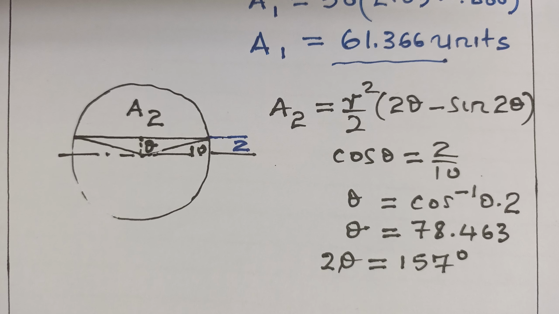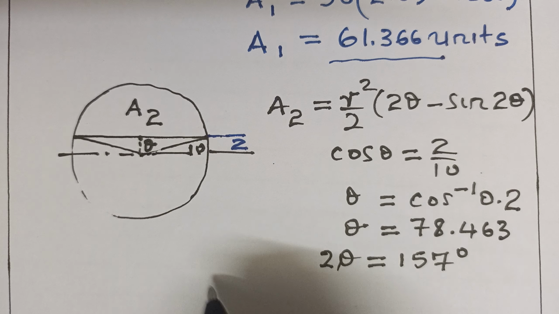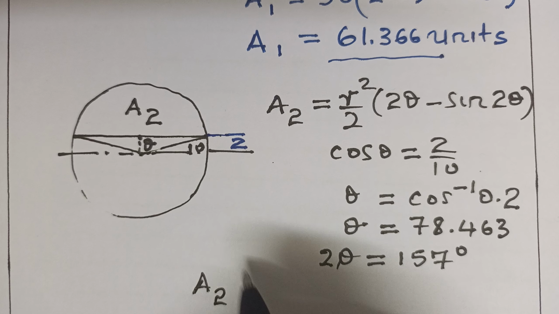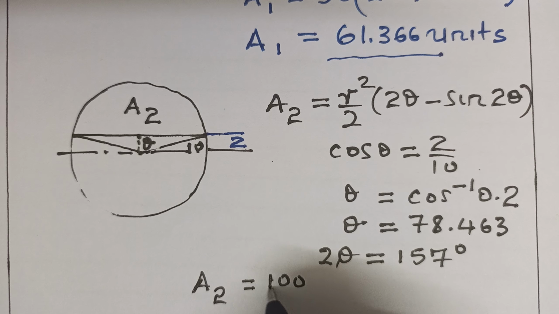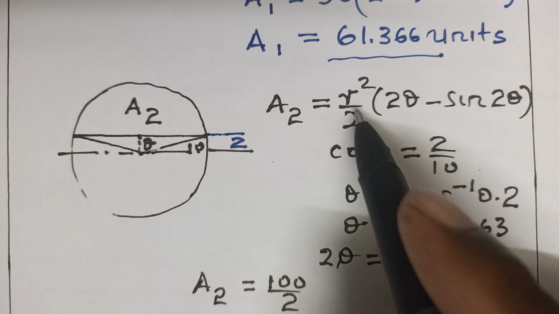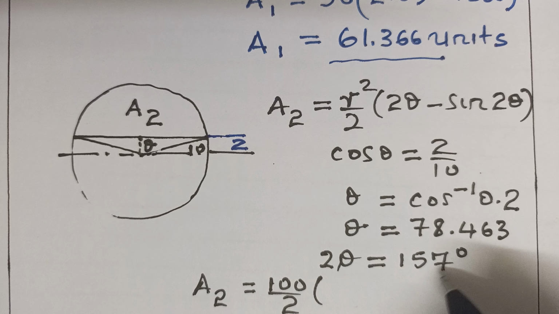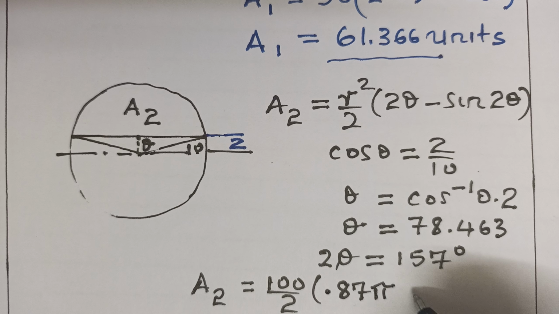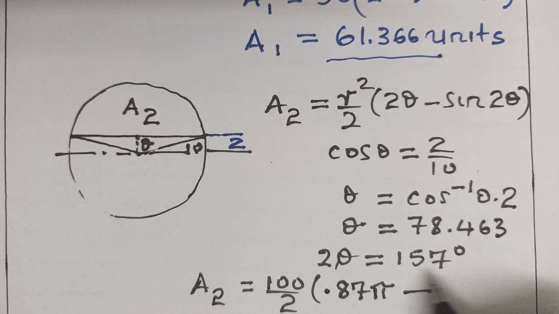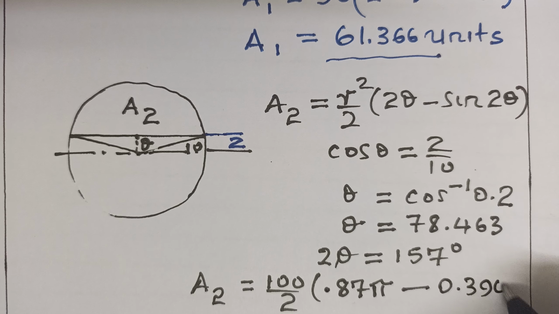So now we put these terms into our equation, so that A2 will be equal to R squared, which is 100 all over 2, times 2 theta. We have 157 degrees, which is the same as 0.87 pi, now minus sine 157, that gives us 0.390.